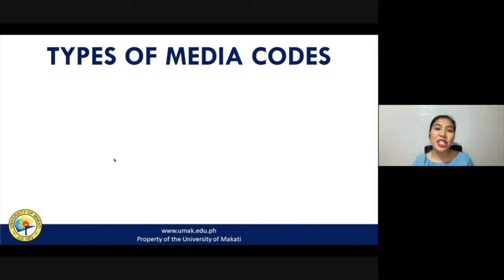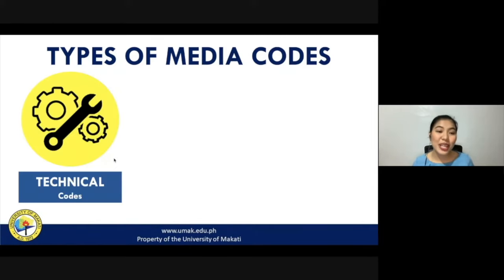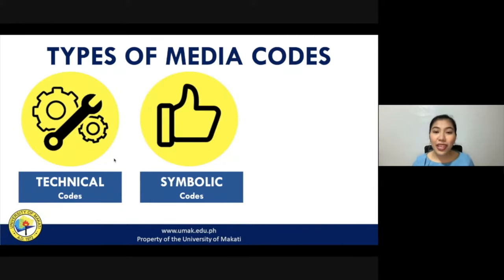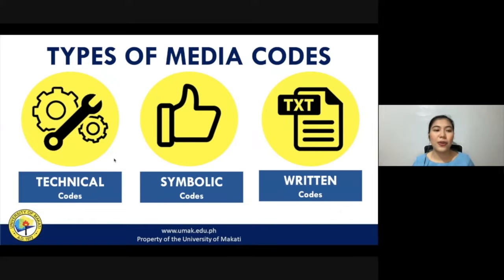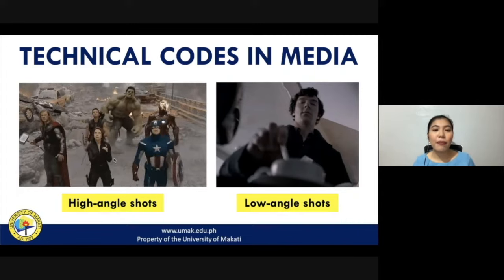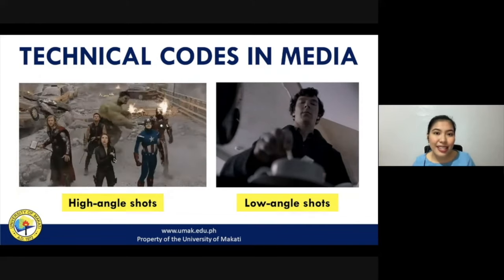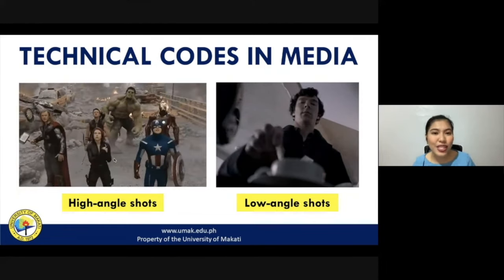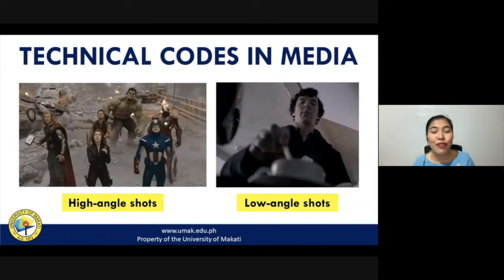There are three major types of media codes. The first one is technical codes, symbolic codes, and the written codes. Let's talk about them one at a time. Technical codes refer to media codes that are specific to a particular format or form alone. So take for example, when you are watching movies, you probably would be looking at the characters or the scenes presented in the movies or in the television shows in different angles.